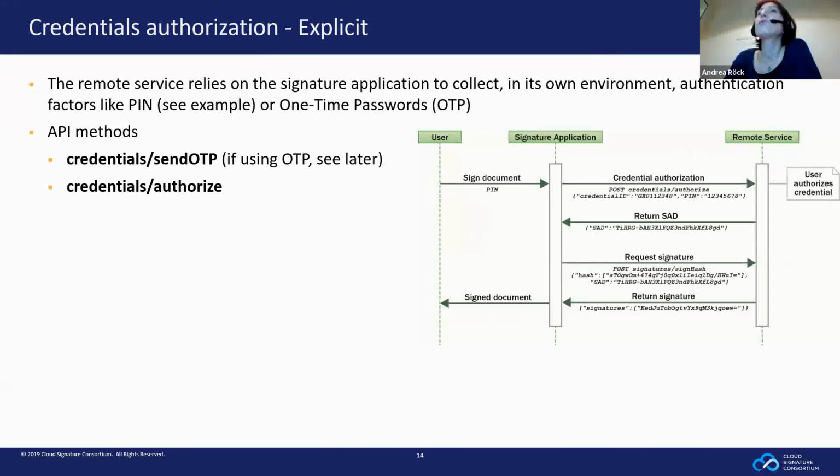And then the remote service will create the corresponding SAD. And then later on, when creating the signature, we will use the signature sign hash using the SAD and the hash to be signed, which will then receive the cryptographic signature of this hash. And then the signature application will send the signed document to the user.